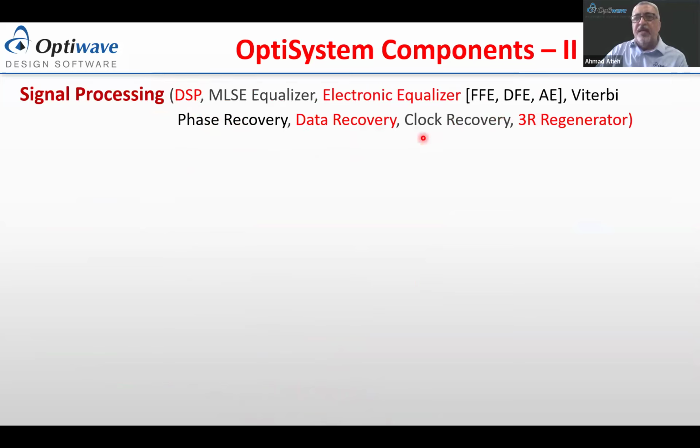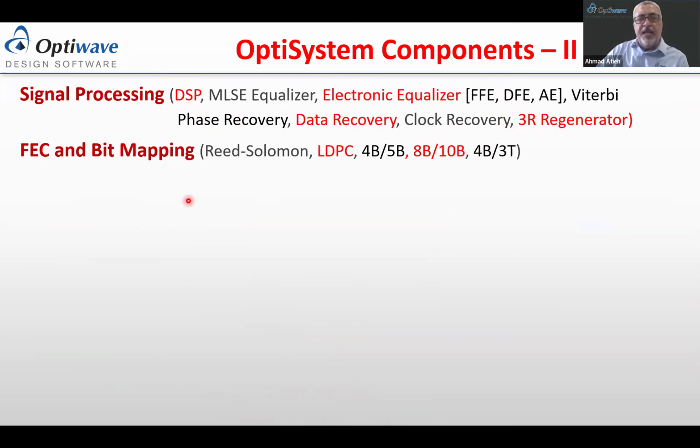There are different types of regeneration, single R or dual R or 3R regenerators, bit mapping and forward error correction. We support Reed-Solomon codes, forward error correction, or low density parity check. There are different types of mapping which can be used for coding applications.